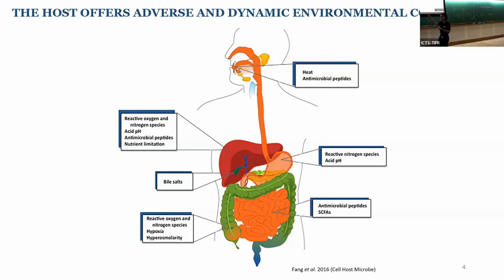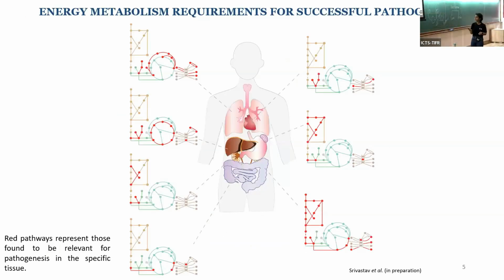So how to overcome this? How to invade in conditions such as this? Okay, it's a slightly complex diagram here, but I'll explain it. So here, the pathways that you see in all of these different things are a representation of the energy metabolism pathways inside bacteria. It's a general representation, which means that it's not restricted to any one type of bacteria. Across bacterial species, we see all of these variations of these energy metabolism pathways. And what pathways are exactly represented here?